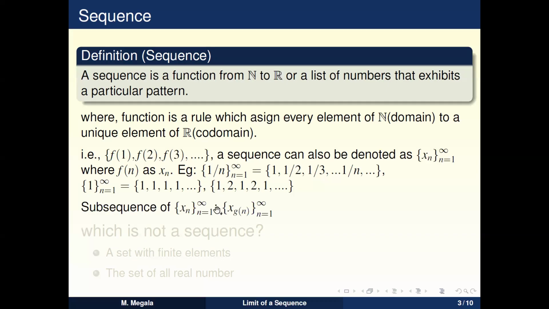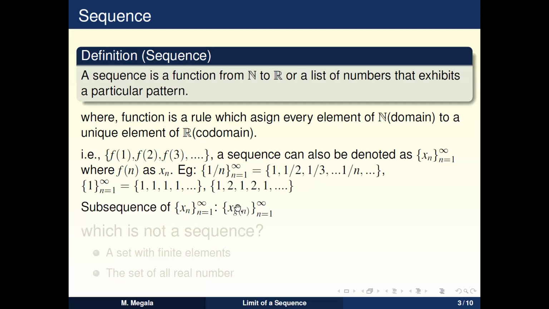A subsequence is a sequence of elements of the sequence only, but it may not include all the elements. So we can write a subsequence as x of g of n, n equal to 1 to infinity. Here g is another function, meaning another rule. The only restriction is that the range of g of n should be in the natural numbers, then only we can get it from the original sequence.